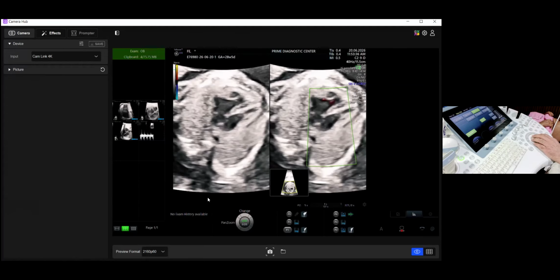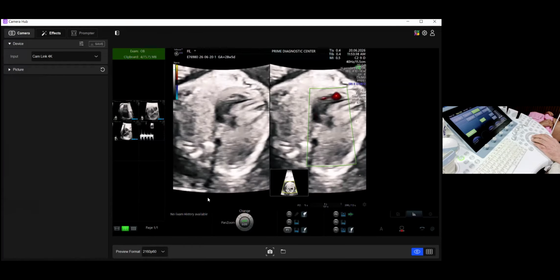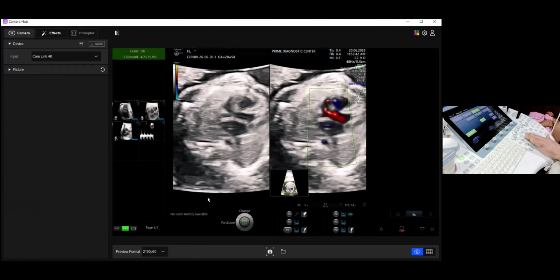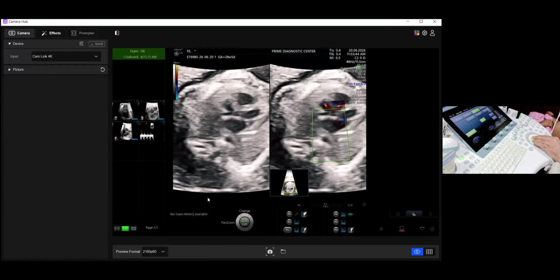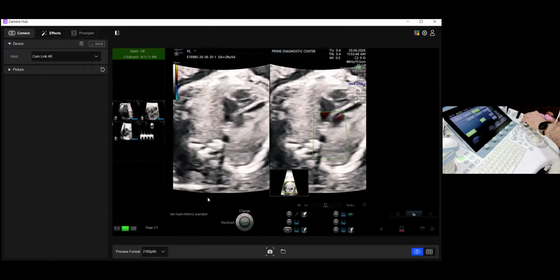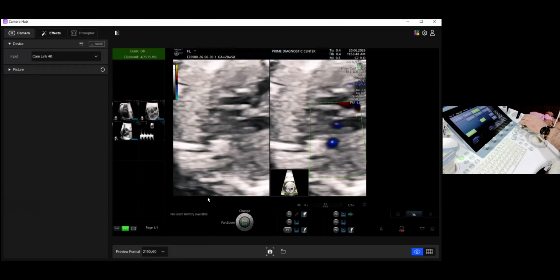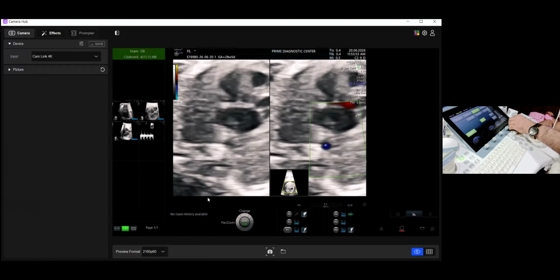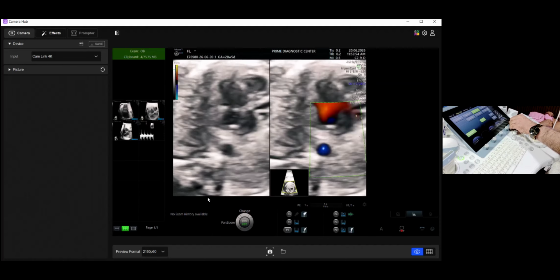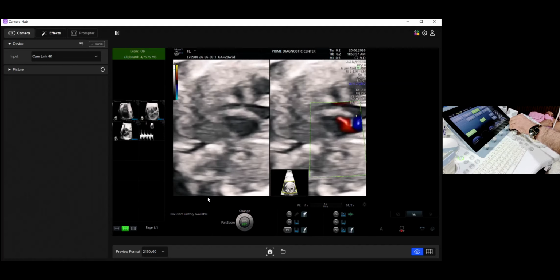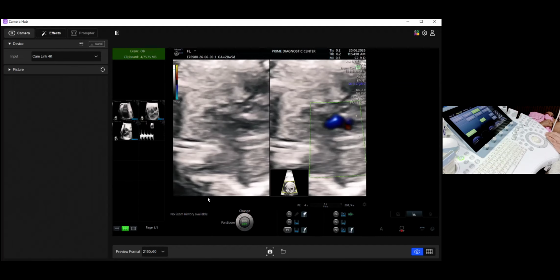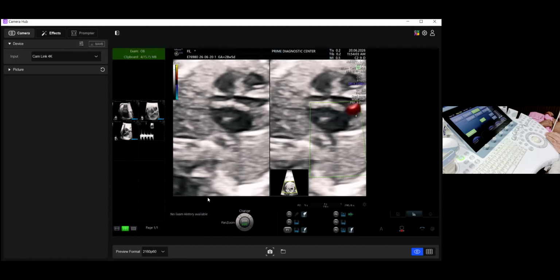This is a good place for a fossa ovalis to be seen. Look at the area behind the heart, and you should always be sure that the area behind the heart is okay. You reduce the Nyquist limit to see any azygos vein there. You look at the distance between the aorta and the left atrium.